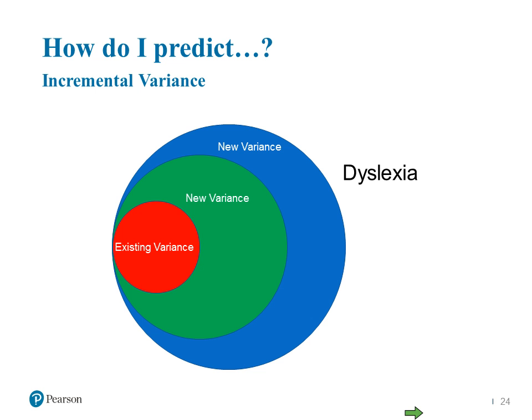Existing variance might be something like family history. New variance might be something like a child performing poorly in reading tasks in the classroom. New variance, the blue variance, may be something like the Dyslexia Index Scores. Additional beyond that could be diagnostic assessments. So we're trying to get closer and closer to that prediction model so that we make effective and correct decisions, right?